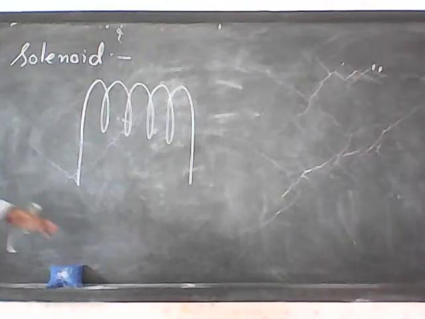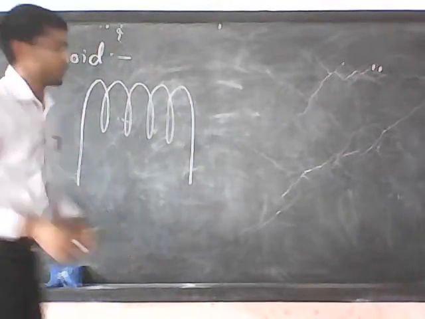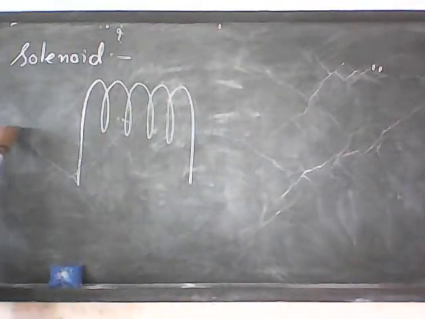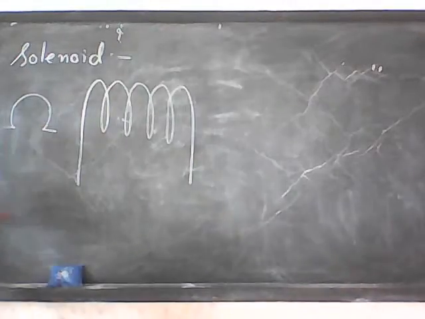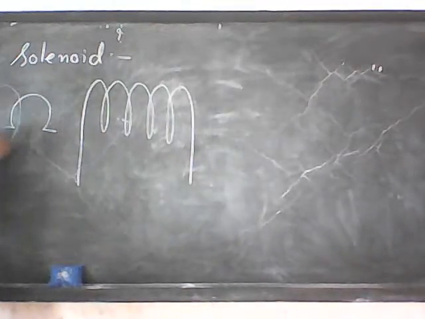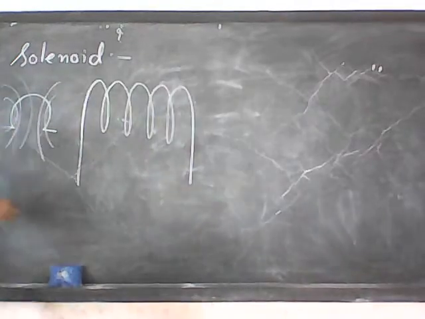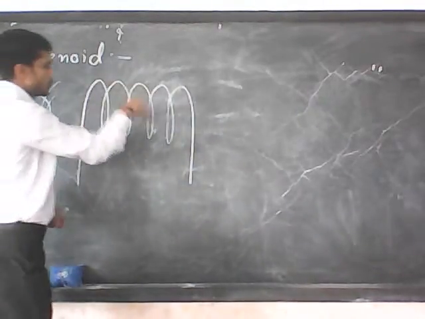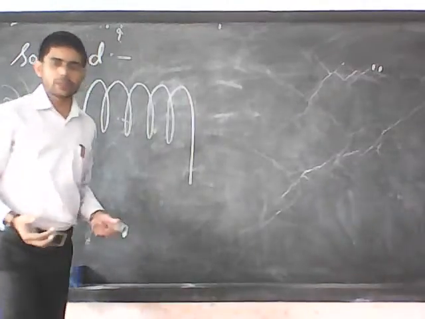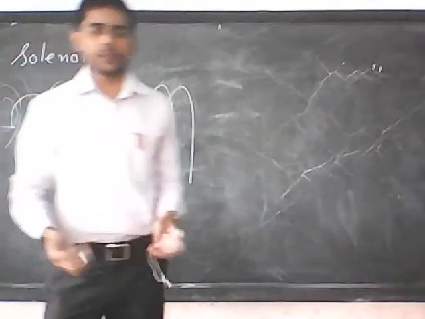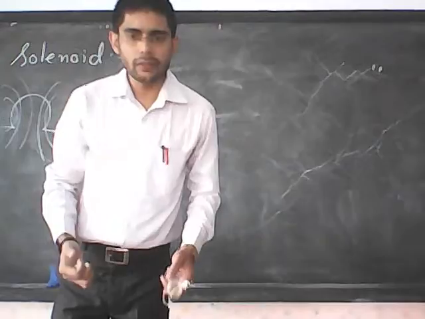Just before this concept, we observed the circular loop, right? So the magnetic field lines are like this around this wire. You see here multiple loops are there, no? So you can imagine that definitely the magnetic field strength will be more here.